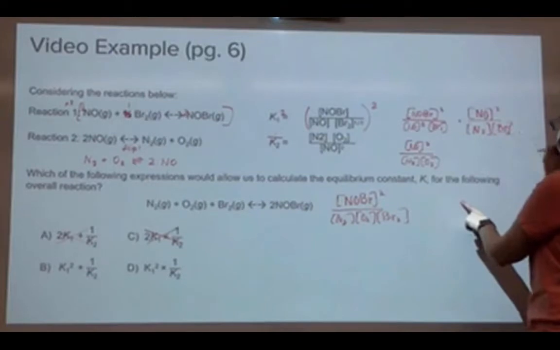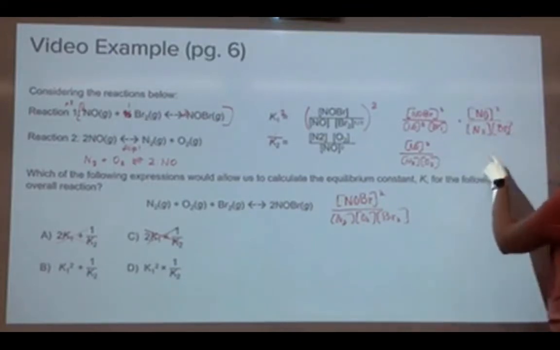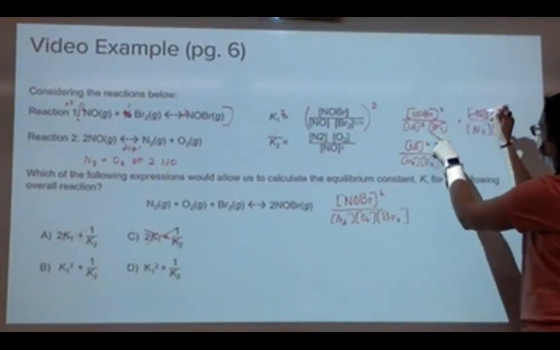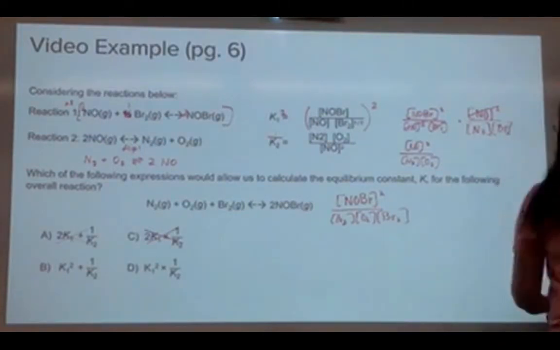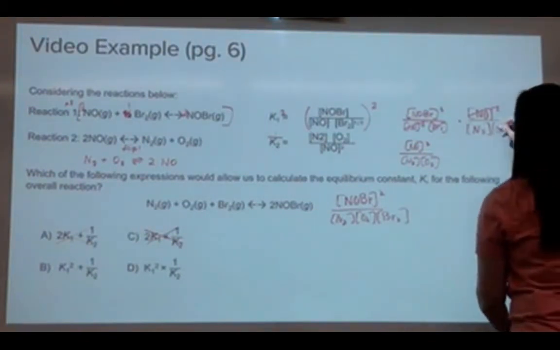NO squared cancels, one on top, one on the bottom. When I multiply them together, we have NOBr squared over N2, Br2. There we go.